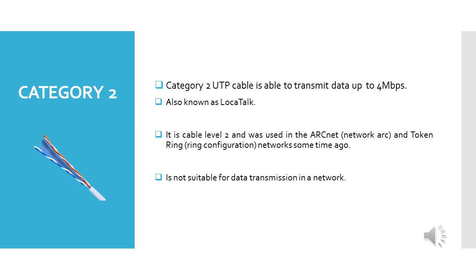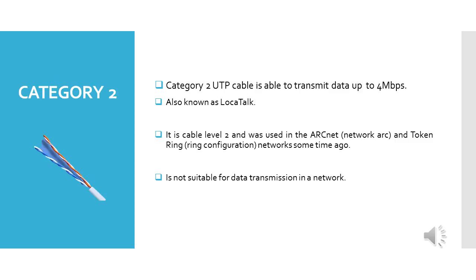The characteristics of category 2 are as follows. Number 1, category 2 UTP cable is able to transmit data up to 4 megabits per second. Number 2, it is now used only in local telephony.